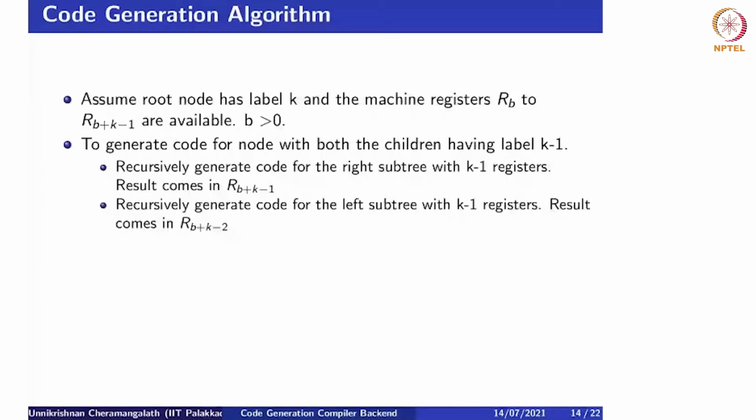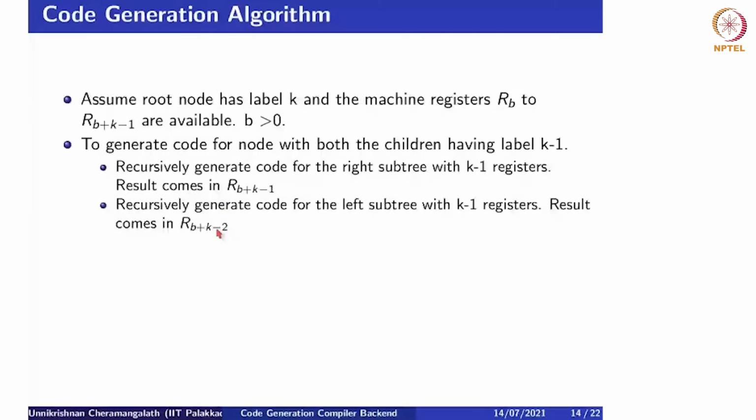The result will come in RB plus k minus 2. So just note that for a root node with both children having label k minus 1, first you generate code for the right subtree, and the result will come in RB plus k minus 1. Then recursively generate code for the left subtree with k minus 1 registers, and the result will come in RB plus k minus 2.